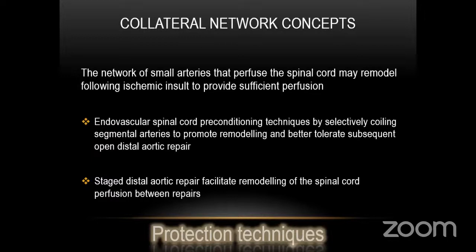This theory enhanced the improvement of endovascular spinal cord preconditioning techniques by selectively coiling segmental arteries to promote remodeling and better tolerate subsequent open distal aortic repair. Also, this theory is supported by the fact that staged distal aortic repair facilitates remodeling of the spinal cord perfusion between repairs.